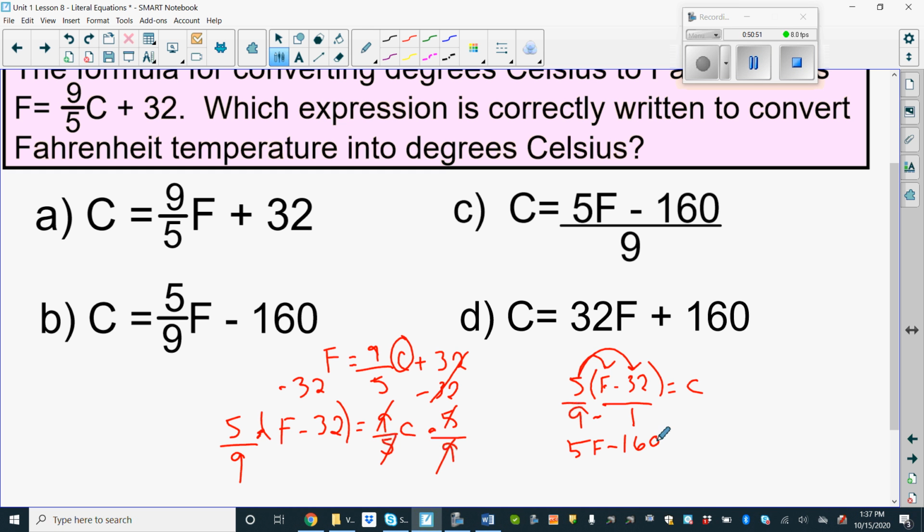And then 9 times 1 in the denominator is just 9, which equals C. So that is our answer, which is answer choice C. You would just match with whatever was left there. And that is the end of this lesson.